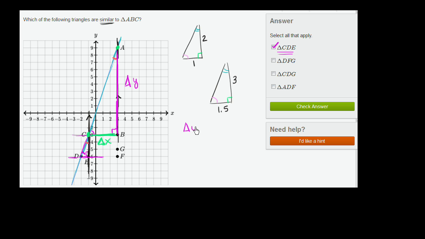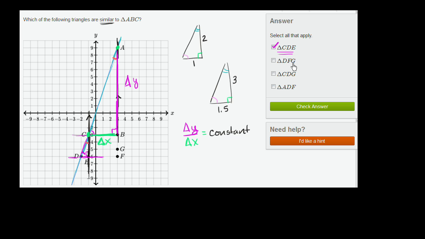Delta y, the change in y, the length of this side, over your change in x is always going to be constant when you are dealing with a line. So any triangle constructed this way from this line will have corresponding sides in equivalent ratios, and they're going to be similar triangles. That would have been an easier way to think about this.